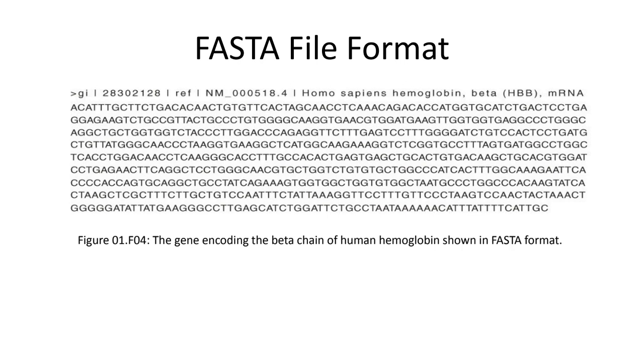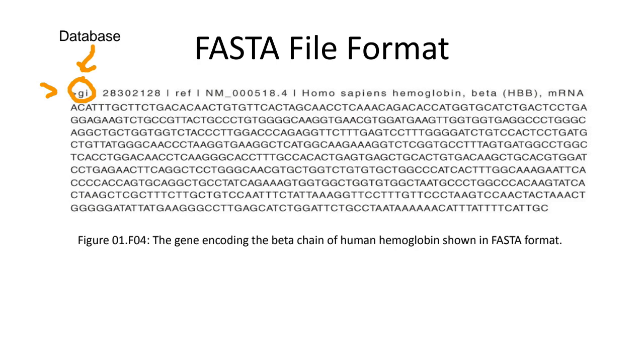This first thing in here, the GI, the first bit of info that comes after the greater than symbol, this is telling you something about what database this came from. This is information essentially you can also find in this GI database, whatever database that is. The next thing on here, accession number.